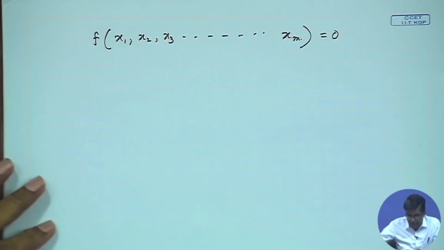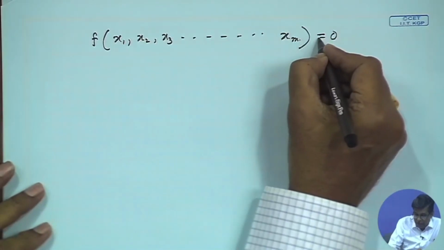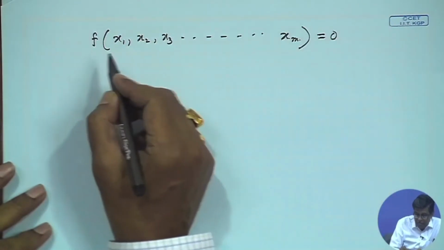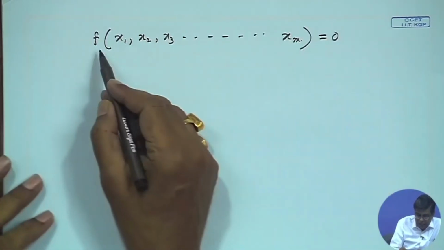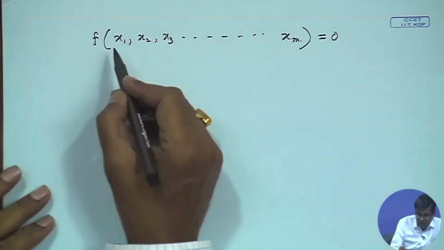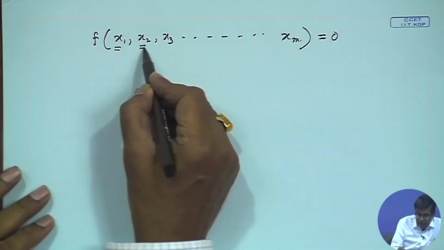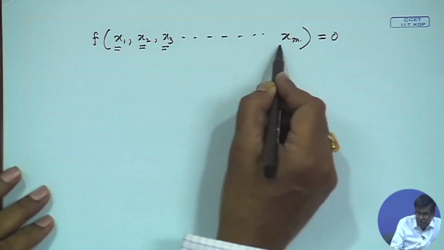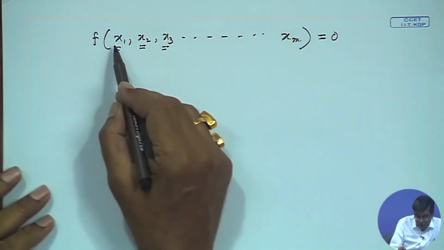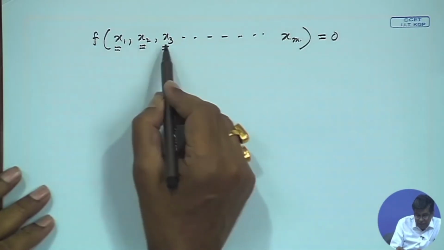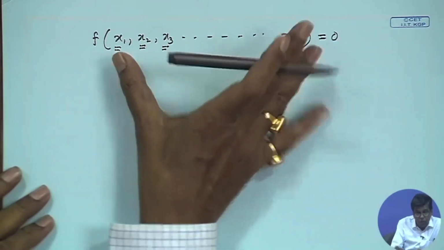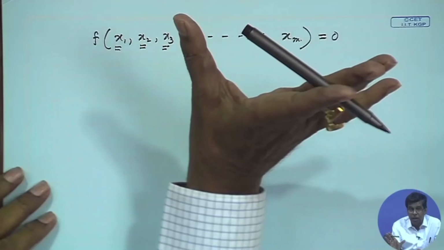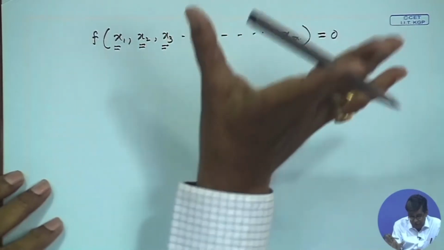The first line of Buckingham's pi theorem is that we have to write the mathematical statement of the problem by an implicit functional relation, where these are the independent dimensional variables governing this process. And what are the pertinent dimensional independent variables governing the process, you have to know from the physics of the problem or physics of the process.